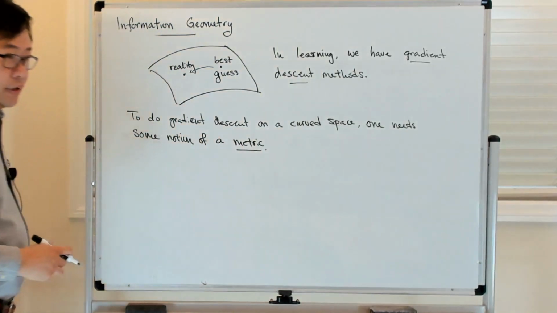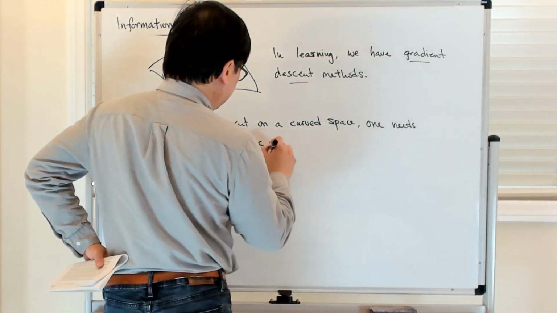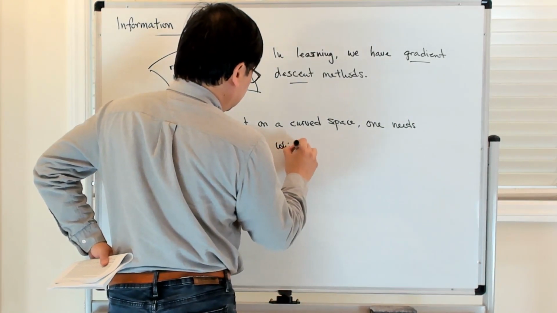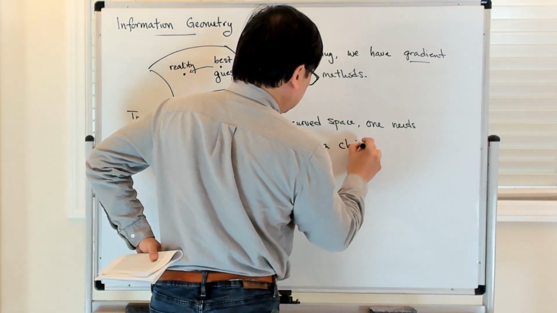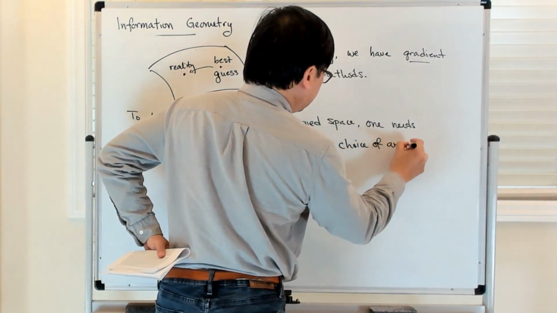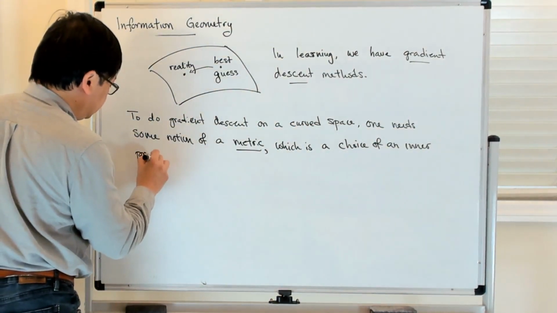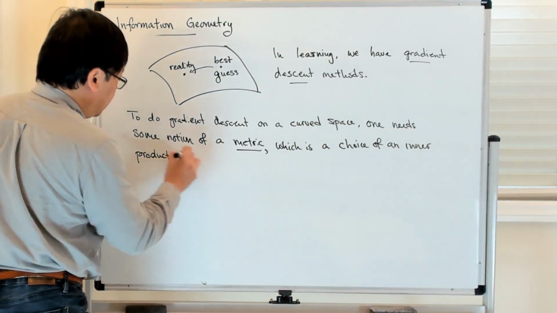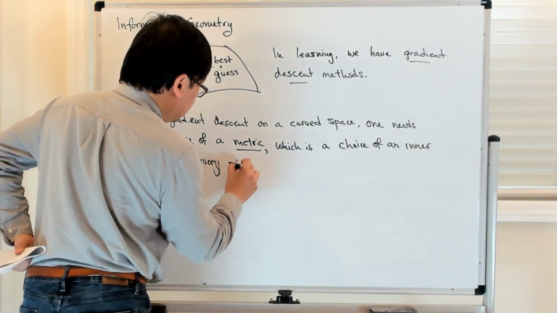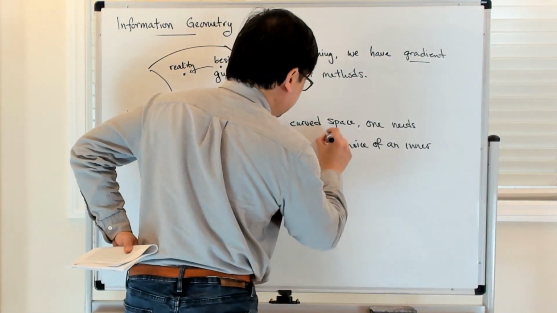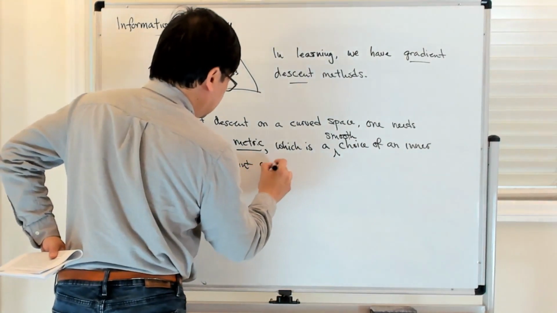A metric is something like an inner product, which is a smooth choice of an inner product at every point on the curved space.